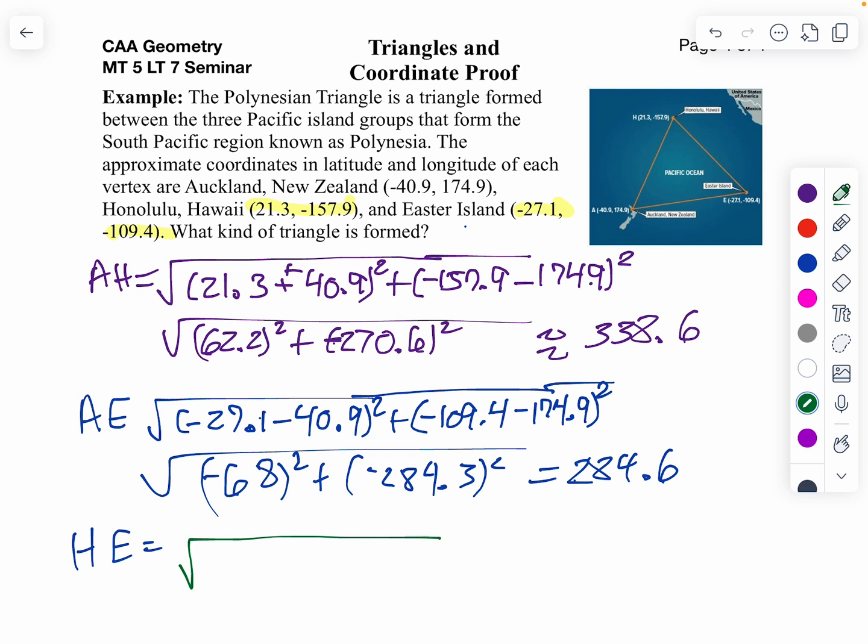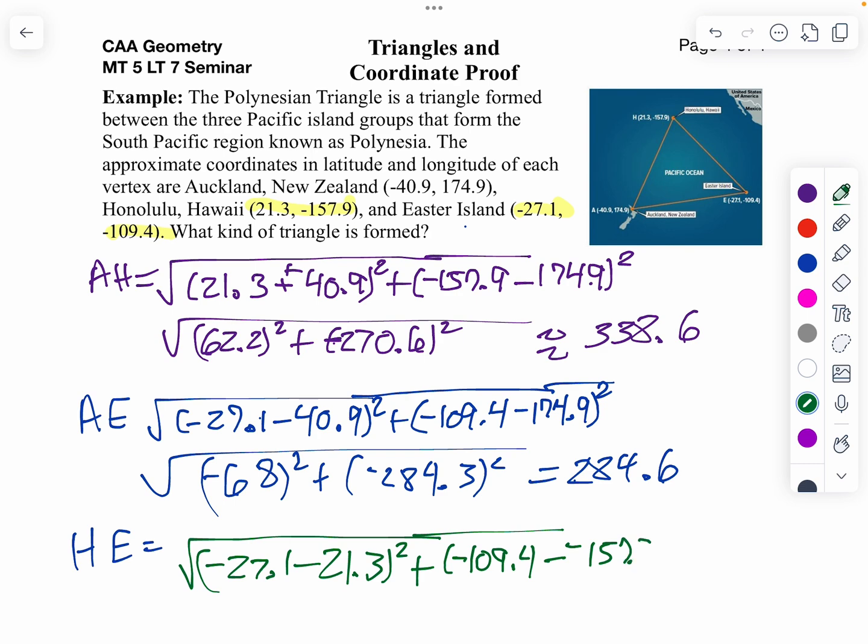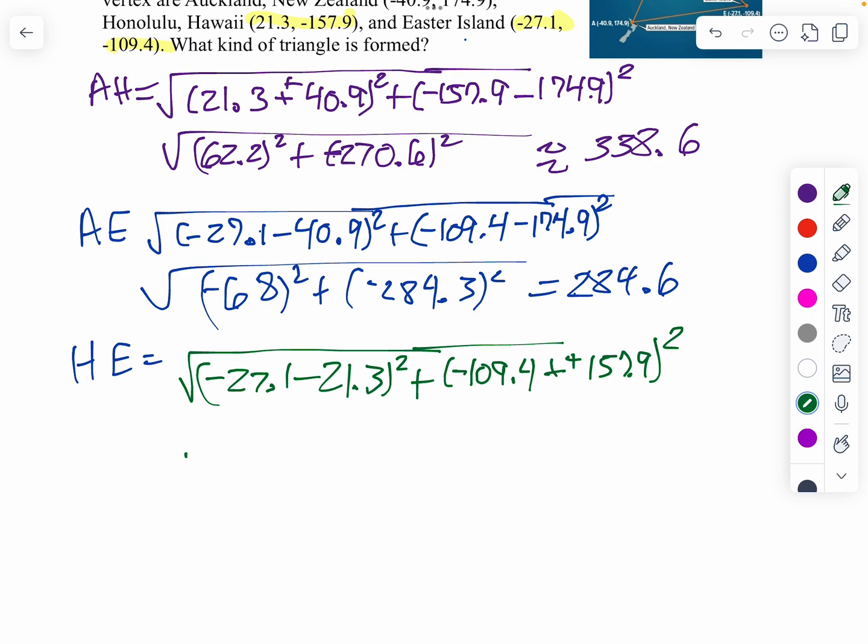So we take negative 27.1 minus 21.3, and we square that, plus negative 109.4 minus negative 157.9, and we square that. Okay, let's do a little bit of the calculator work together.